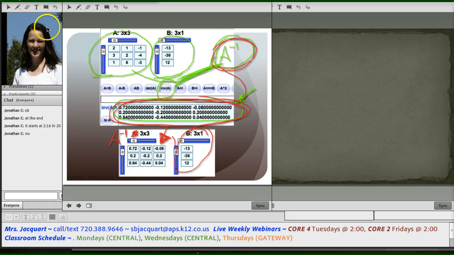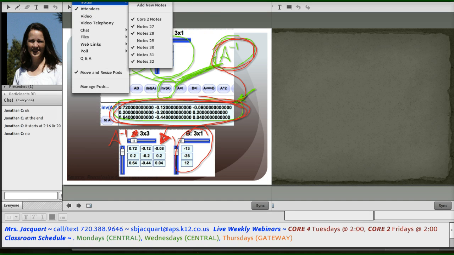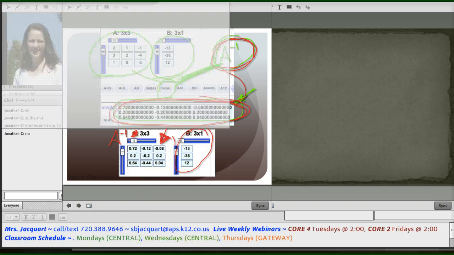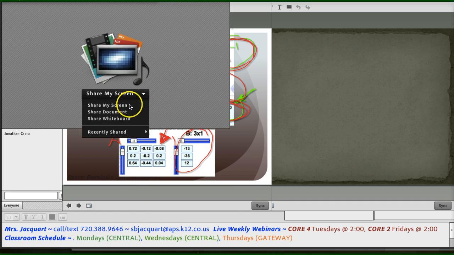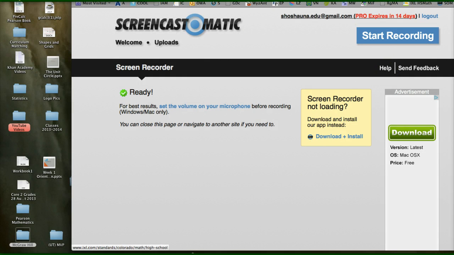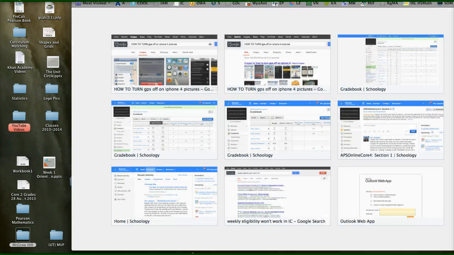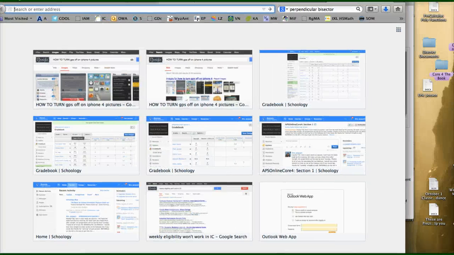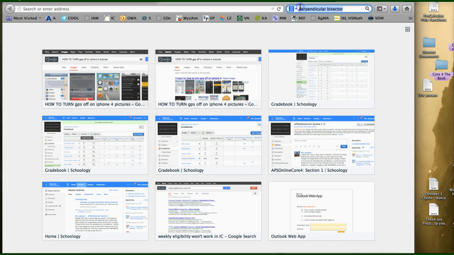So anyway, what I have to do is come up here, open up a pod, and share my screen. I'm going to do Firefox, share, and I'm going to Google online matrix multiplication calculator.